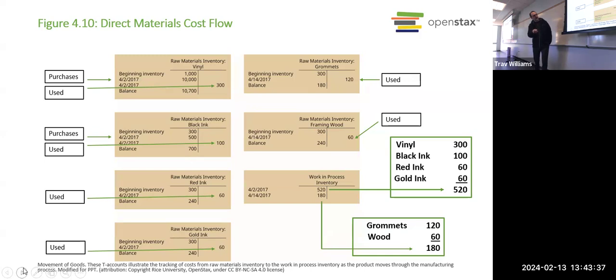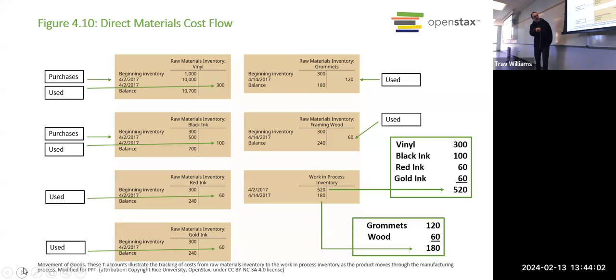All of these material costs are basically divided into two categories in this example. They started off with the vinyl and the ink and later added the grommets and the wood. Those were all materials that go into the sign, but that $300 of vinyl is part of this group of materials.